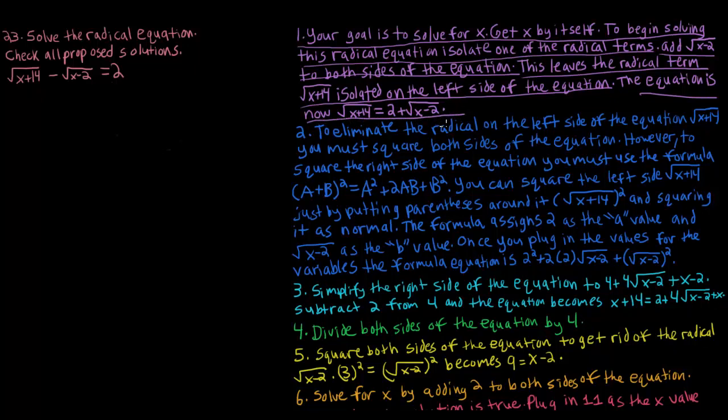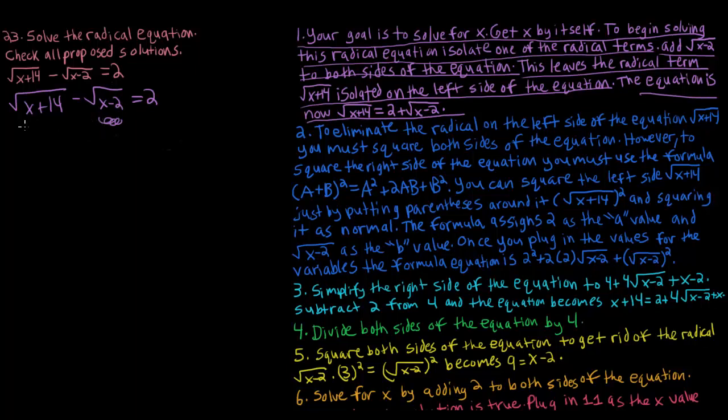So let's just do this step by step. Rewrite the equation: square root of x plus 14 minus square root of x minus 2 equals 2. So we want to get x by itself. To do this, we need to get a radical isolated.